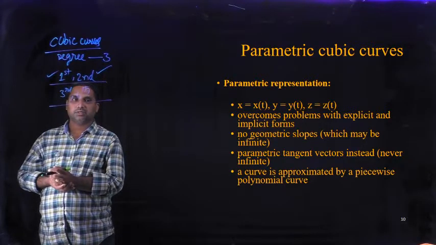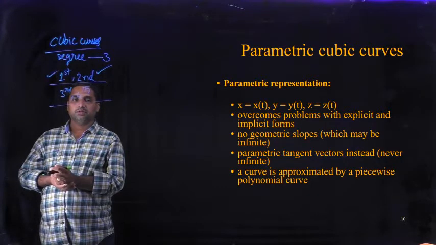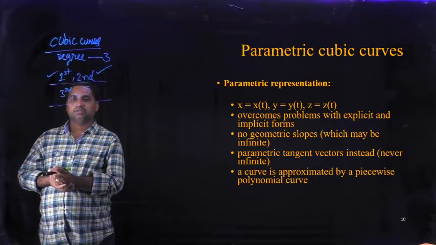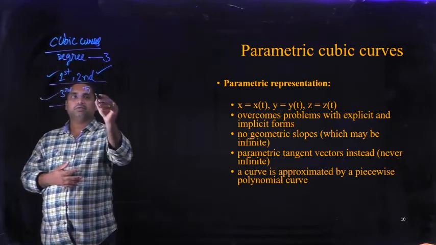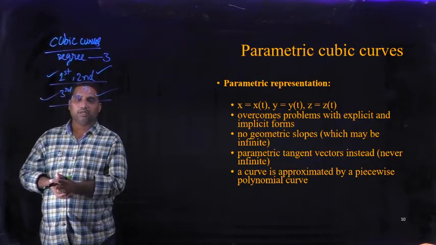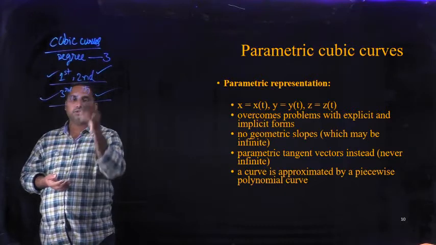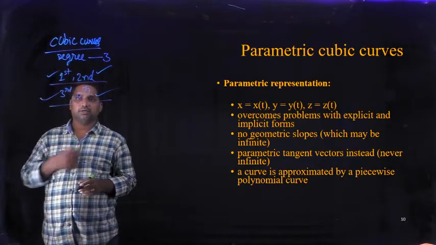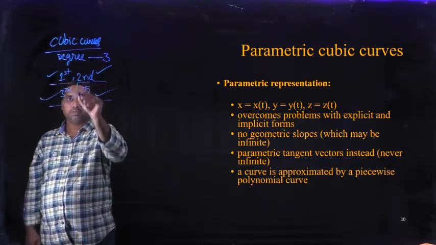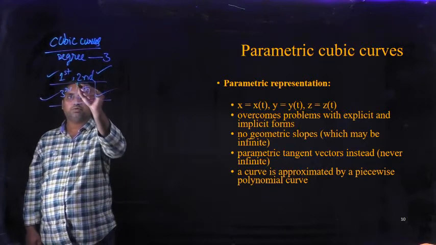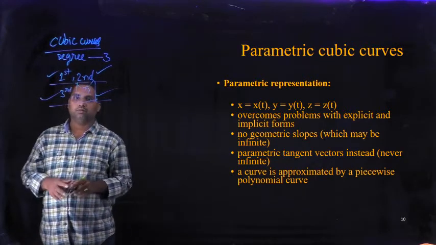For this reason, you can also join different curves with smoothness. So that is why third degree curves and fourth degree curves are very important when compared with first degree and second degree curves.